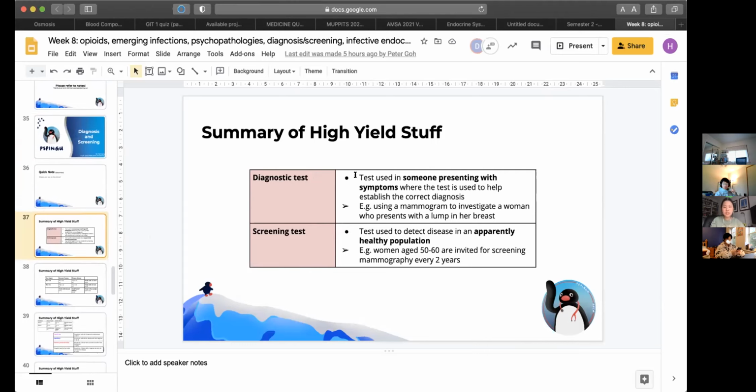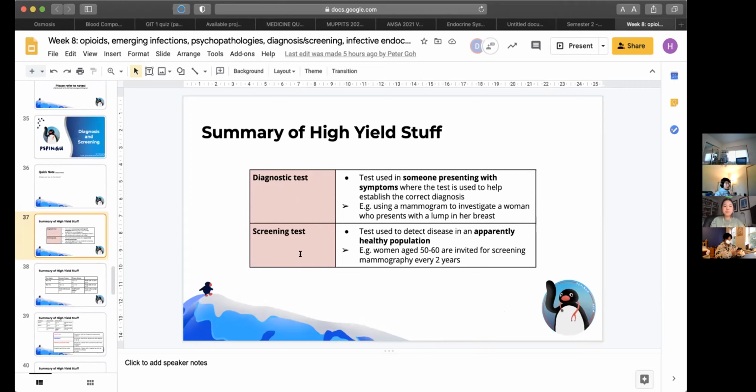A diagnostic test is a test used in someone presenting with symptoms, where the test is used to establish the correct diagnosis. So we're using a mammogram to investigate a woman who presents with a lump in her breast. She's already presented with a symptom, so we refer her for a mammogram to investigate further whether we can get a diagnosis.